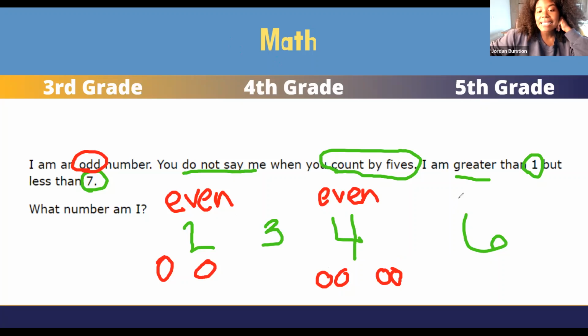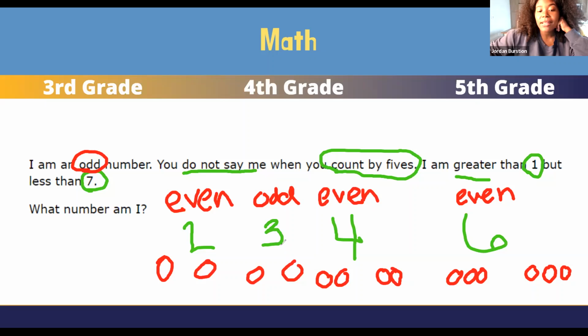And 6 is an even number because if we had 6 cookies, I would get 3 cookies and you would get 3 cookies. So it's like thinking if the number is fair, if you can share it evenly. But 3 is not an even number. It's an odd number because if we had 3 cookies, I would get 1, you would get 1, but we'd have to split the third one.